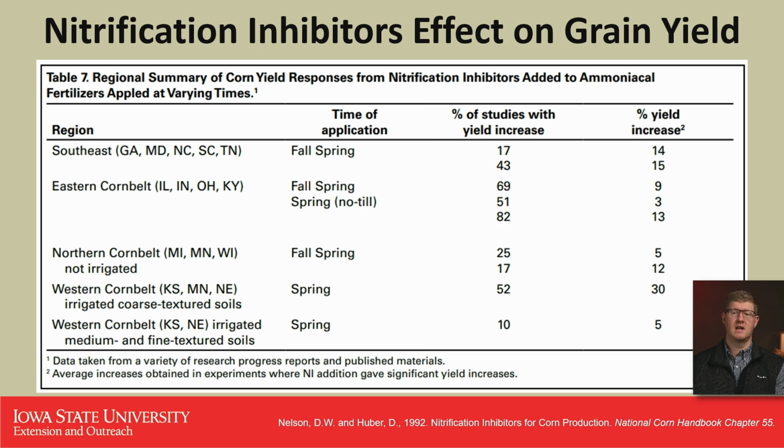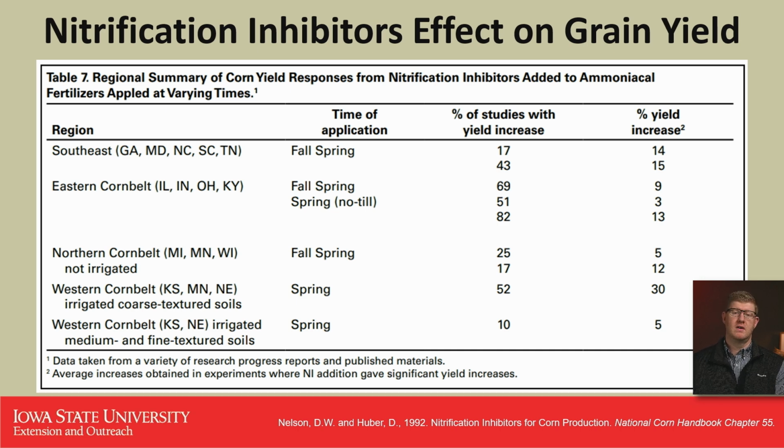They didn't necessarily classify what the active ingredient of the inhibitors were, but they looked at time of application. In some cases, they looked at fall and spring. Others, they looked at fall, spring, and then they also separated into a spring no-till category. And in certain other regions, they only looked at spring applications.